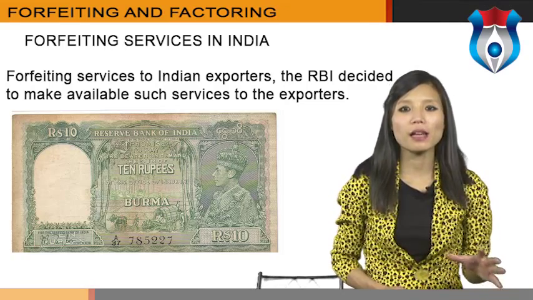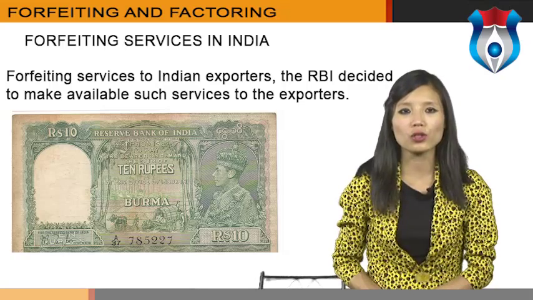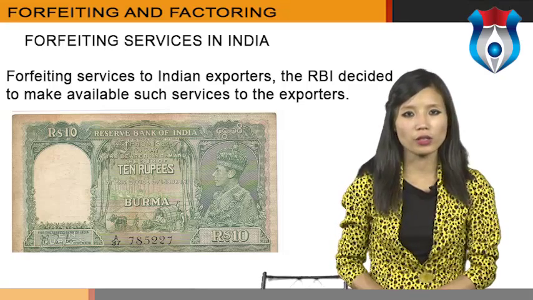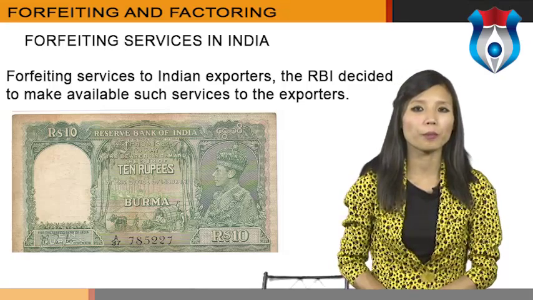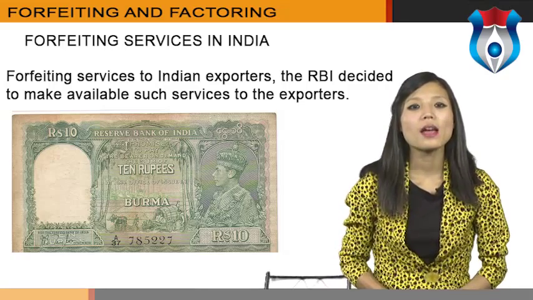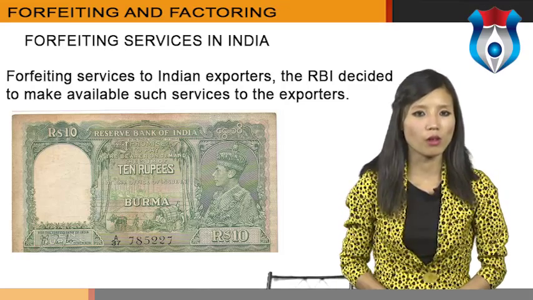Scheduled commercial banks have also been permitted to offer forfeiting services by acting as an agent or a facilitator between Indian exporter and the forfeiting agency operating in some other country. That means, in other words, scheduled commercial banks can undertake forfeiting services as a part of fee-based financial services.